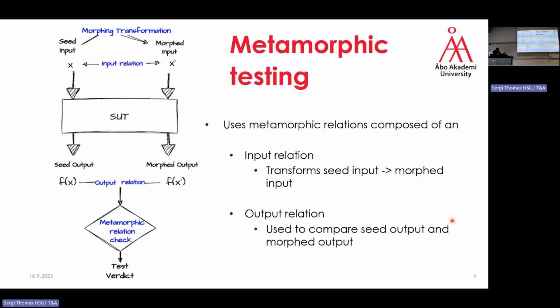Then the system is executed multiple times to generate different sets of outputs called seed outputs and morphed outputs. Those outputs are expected to be in an output relation, which is used for the test verdict assignment.